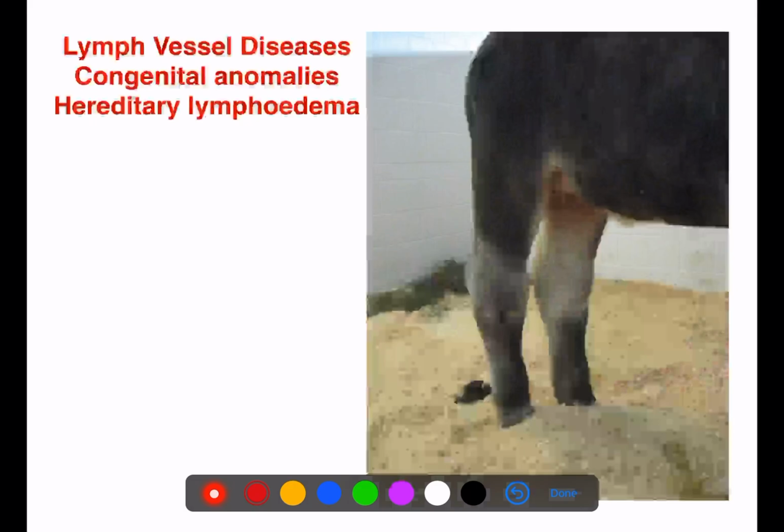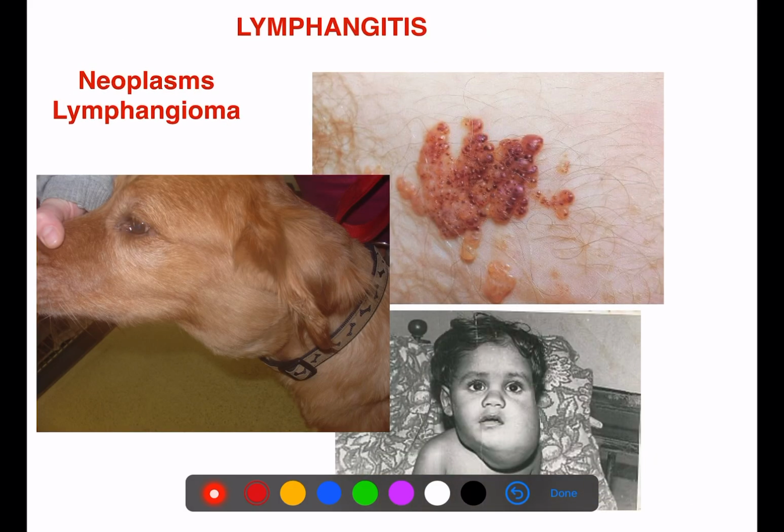Also, lymphoedema can occur secondary or acquired due to obstruction of lymphatic vessels by parasites like filaria, by pressure, or by tumor cell migration. Any obstructive agent to a lymphatic vessel will cause obstruction of this vessel and formation of edema.